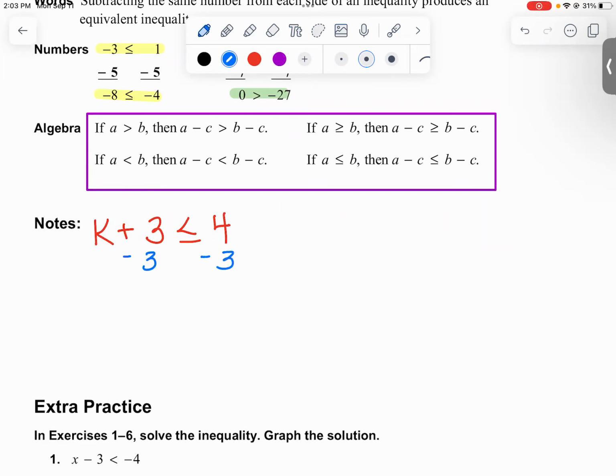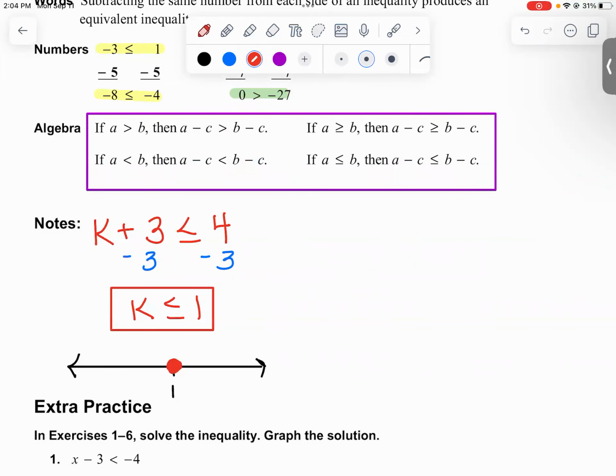We can subtract 3 from both sides, and we get K is less than or equal to 1. Harry, open or closed circle? Closed. Yes, sir. Brooks, left or right? You sure? Your numbers or your directions?